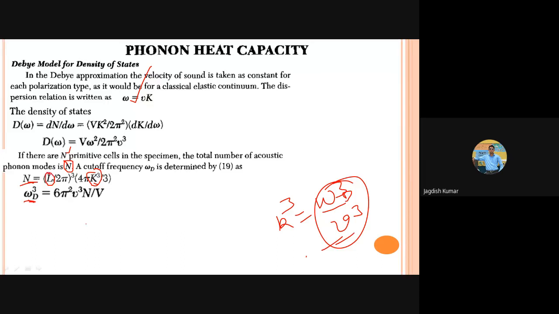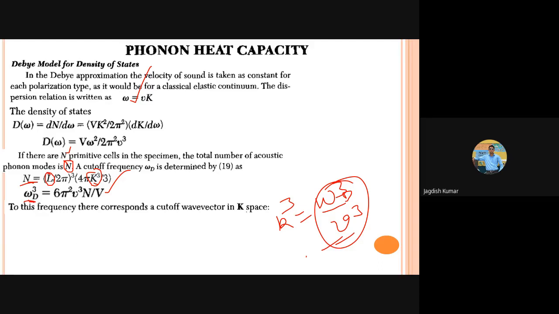If you rearrange the things, you will find an expression for a very well-known parameter of the Debye model, which we call the Debye frequency, the highest cutoff frequency of the phonon modes. Atomic phonon modes cannot vibrate at a frequency higher than omega d. That's the physical idea behind the Debye cutoff frequency.